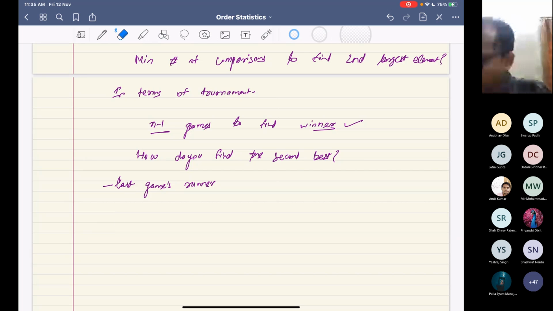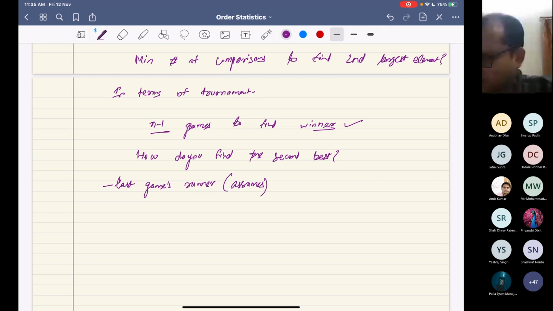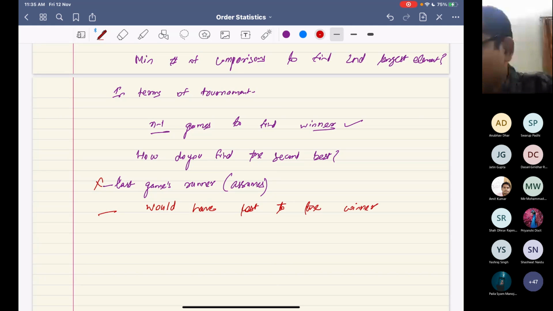So the last game's runner assumes something, but in general, what you can say is that the second best would have lost to the winner for sure, because nobody else can defeat that second best team.